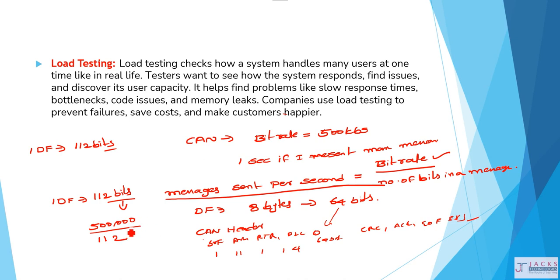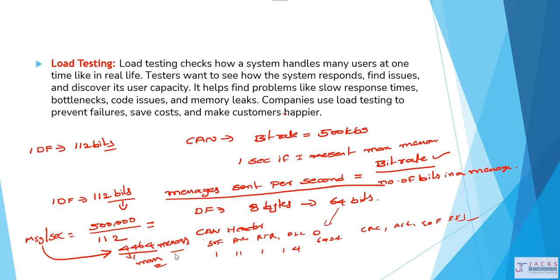Now if you perform the calculation, then you will get 4464 messages per second. In 1 second, you can transmit 4464 messages onto the CAN network.